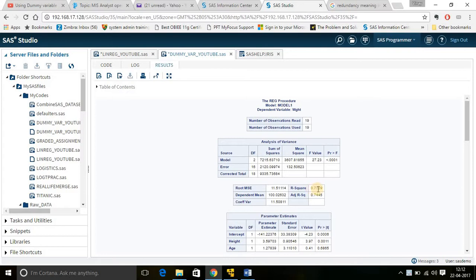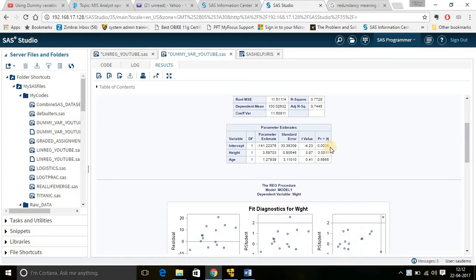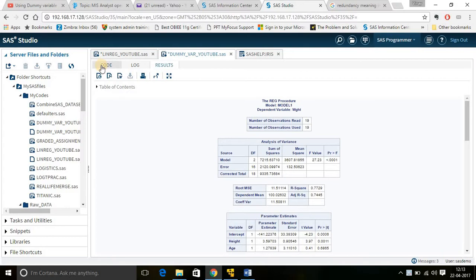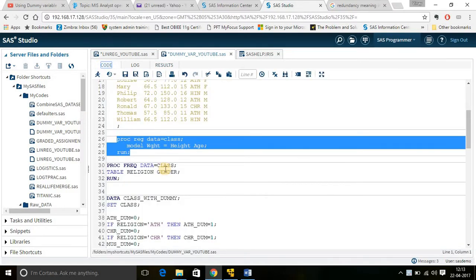R square is 77, which is good. Height and age, it is significant. Height is significant because it is less than 0.05. Age is not, so we can remove age. So this is without the categorical variables included.